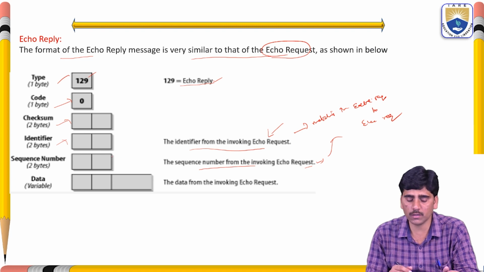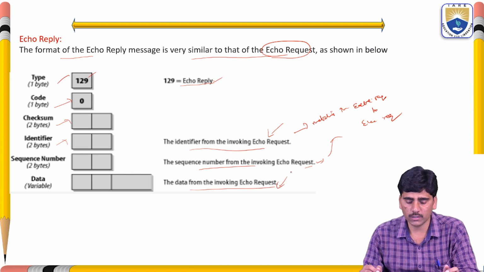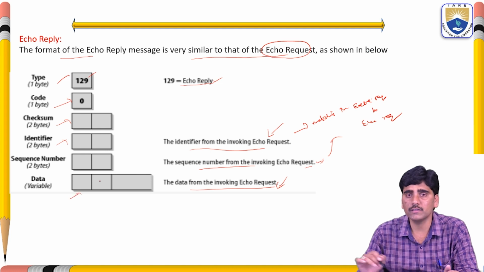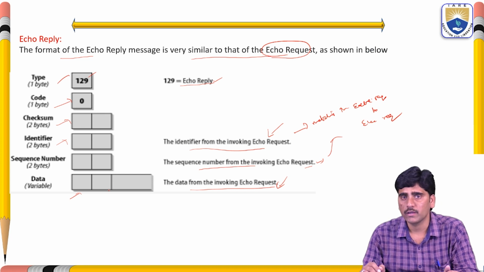Then the sequence number is set in 2 bytes. And the data from the invoking echo request has to be added in this data field. That's why we mentioned that the data size is variable. So this is the echo reply format.